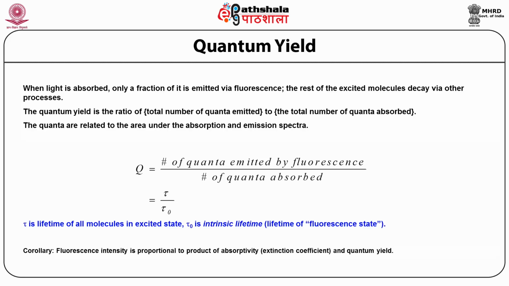The quanta are related to the area under the absorption and emission spectra, represented as Q equals the amount of quanta emitted by fluorescence divided by the amount of quanta absorbed, or tau by tau 0, where tau is the lifetime of all molecules in the excited state and tau 0 is the intrinsic lifetime of the fluorescence state. Corollary: fluorescence intensity is proportional to the product of absorptivity, that is the extinction coefficient, and quantum yield.